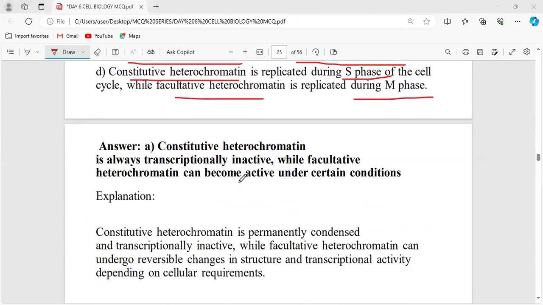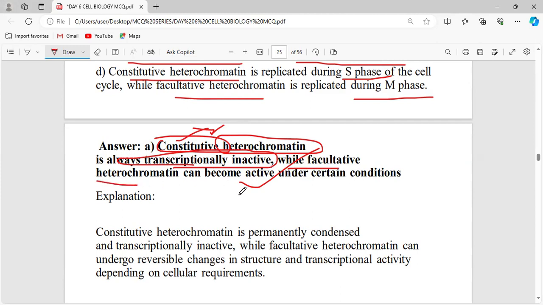Very good. Constitutive heterochromatin is always transcriptionally inactive. Constitutive means continuous, always. And heterochromatin means condensed form. Always it will be in a condensed form, which is transcriptionally inactive. While facultative heterochromatin will be active under certain conditions.